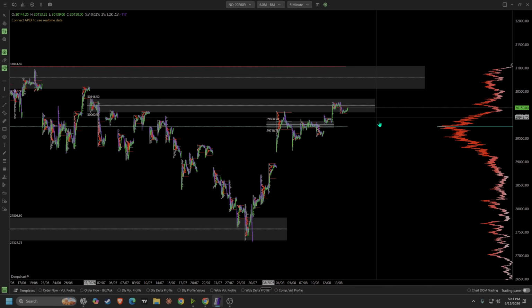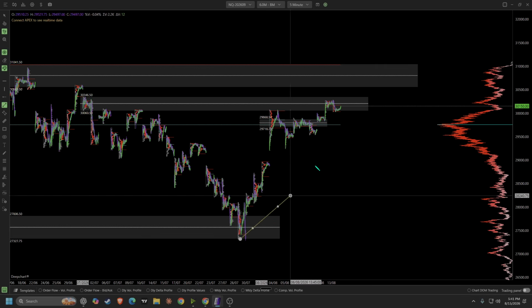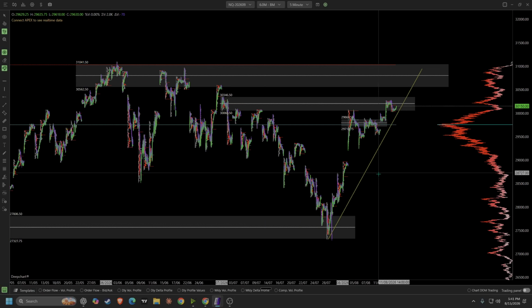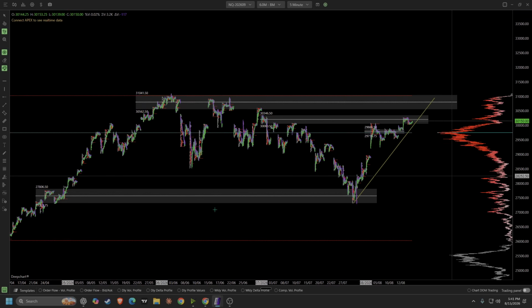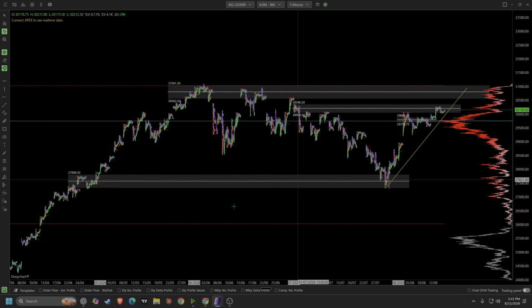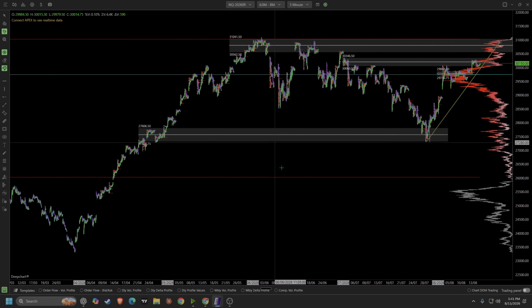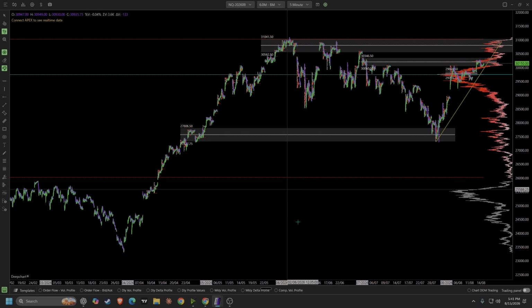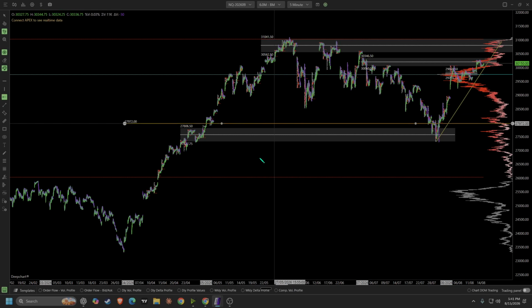Well, what we can see, even though you got all this back and forth bouncing through value areas, we are in an uptrend. And we've been in an uptrend. It's a little slow when you're loading so many profiles.